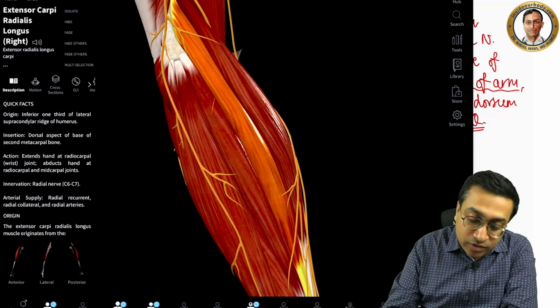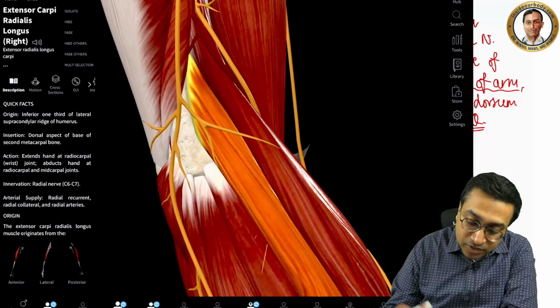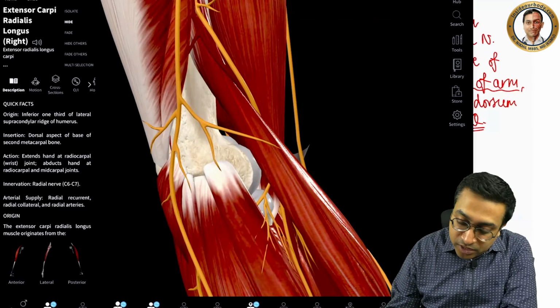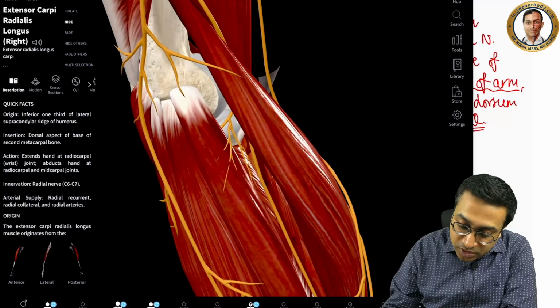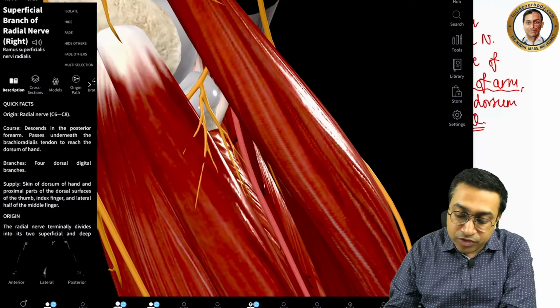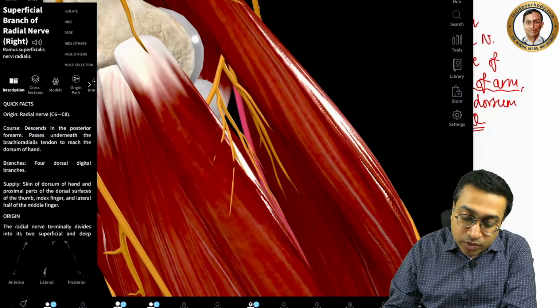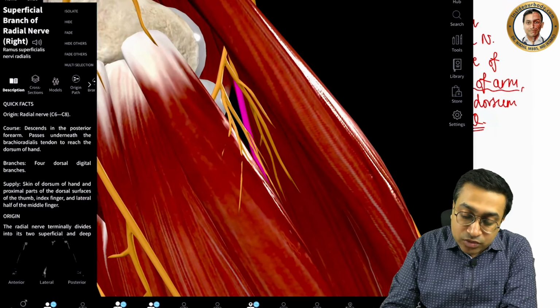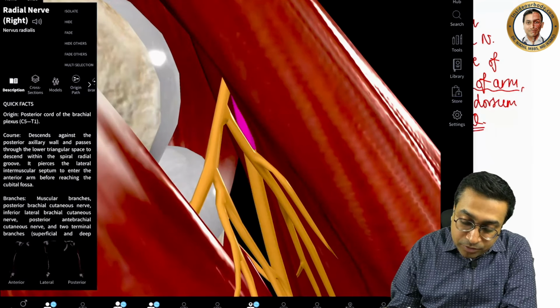Okay, so if I just hide this muscle to show you that point, this should be the nerve which is seen here. This is the superficial branch of the radial nerve which you can appreciate. Okay, so this is split up from the radial nerve only.